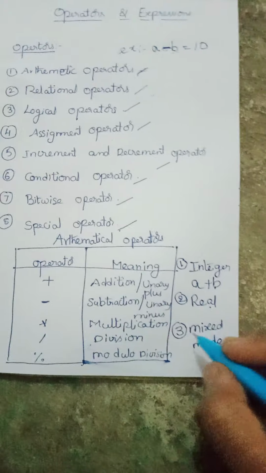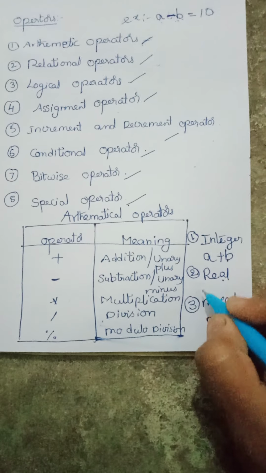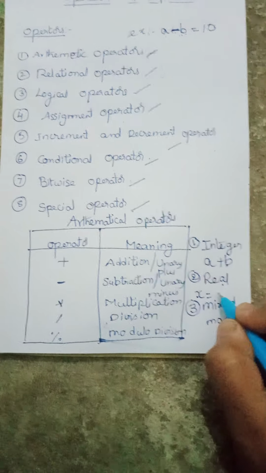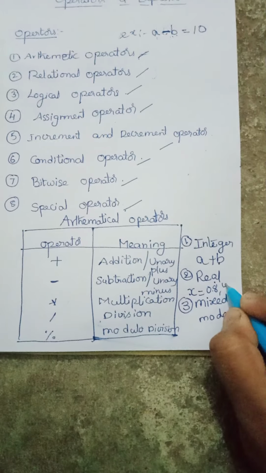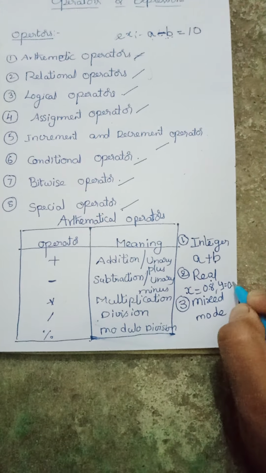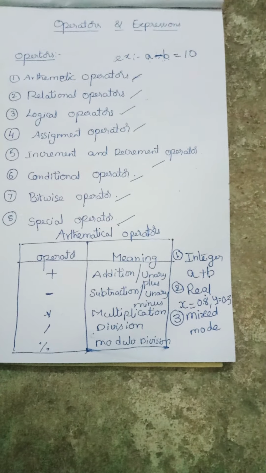Next, real arithmetic. An arithmetic operation involving only real operands is called real arithmetic. For example, see here: x equal to 0.8, y equal to 0.3.